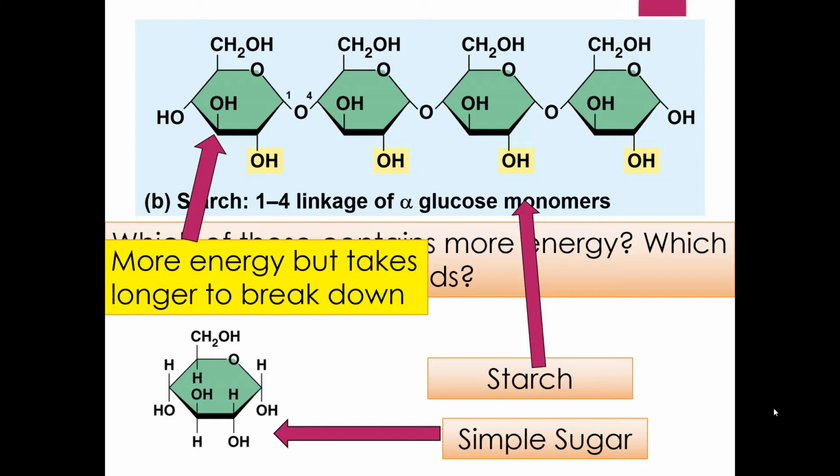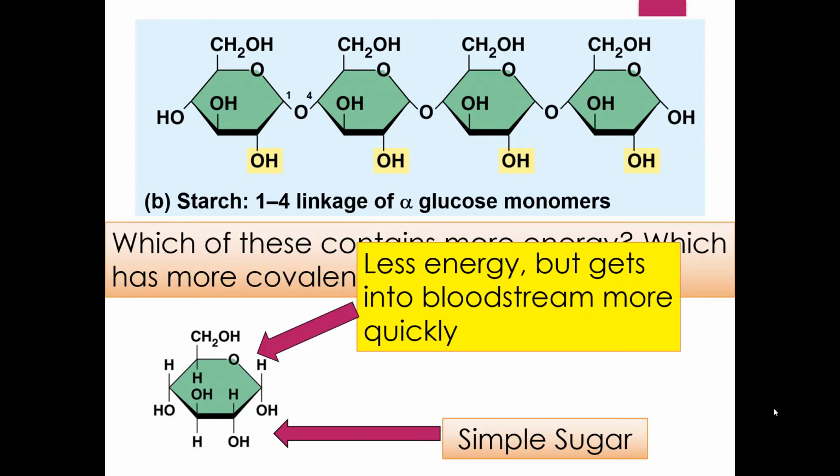And so they are slower to digest because they're bigger, whereas the simple sugars don't have as much energy, but because they're small, you can break them down quickly and they can get into your blood quickly.